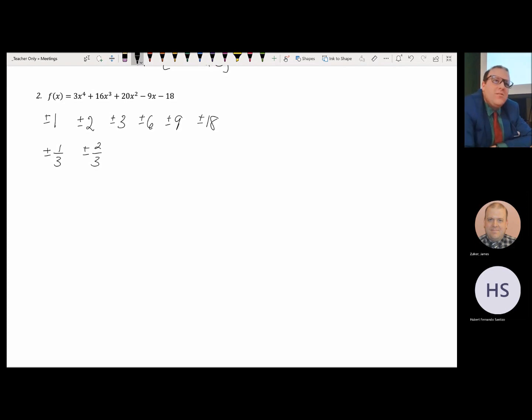And those are called possible rational zeros. In other words, if f has a rational zero, it's going to be one of those.